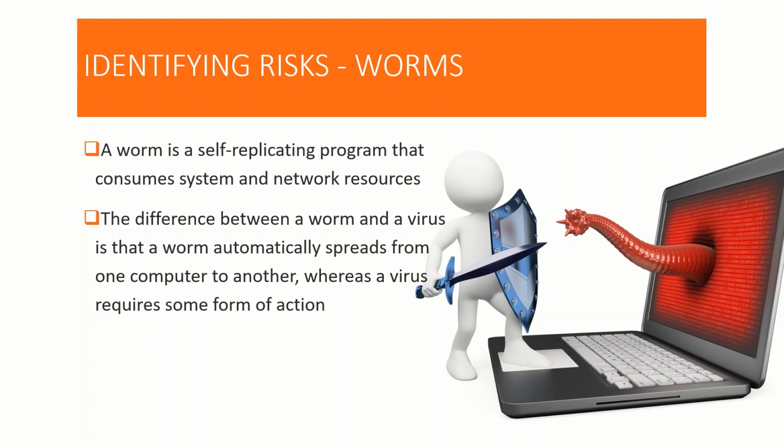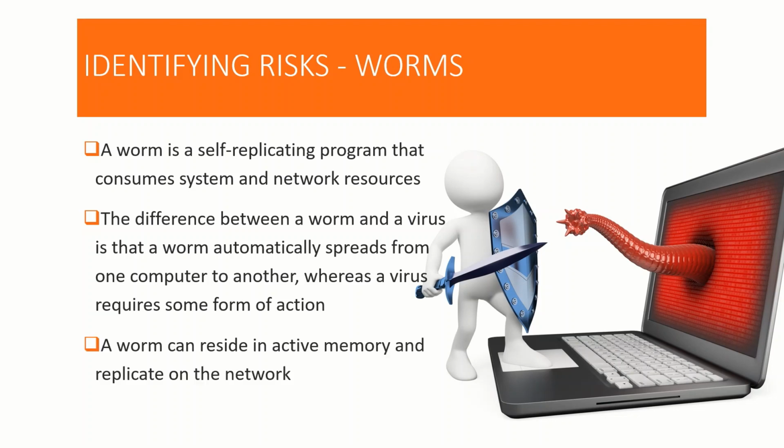For example, a user must pass an infected disk to someone else, or must forward an infected email message. A worm can reside in active memory, like RAM, and replicate on the network. Worms can spread to all computers connected to a network and are commonly spread over the internet via email attachments.